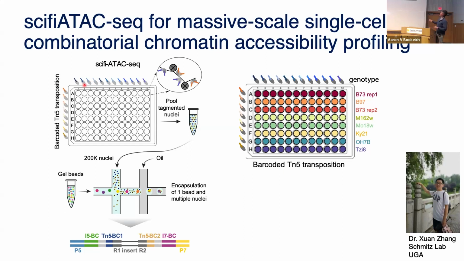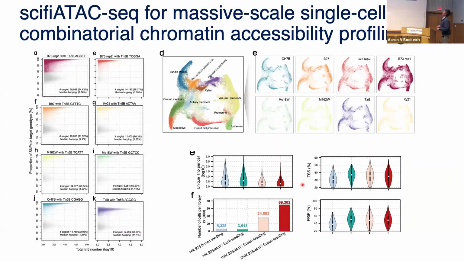We apply this to different genotypes. The rows here represent different genotypes of maize. I want to show you that we're able to first deconvolute those cells based off of their Tn5 barcodes, right? Each well ID is known because of the combination of forward and reverse adapters. Then we can also look at how well those nuclei match our expectation on genetic variation.